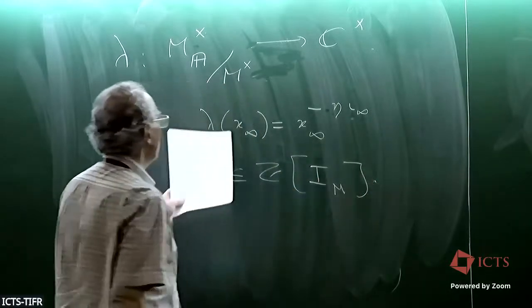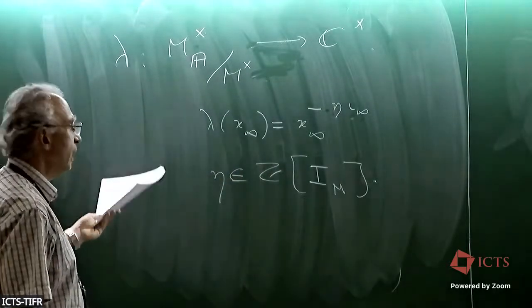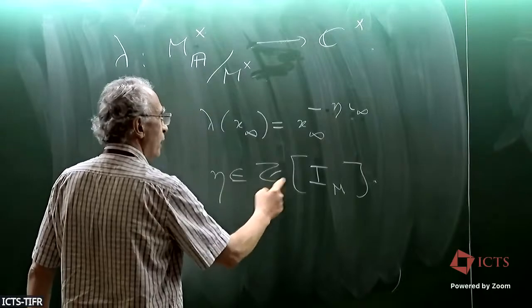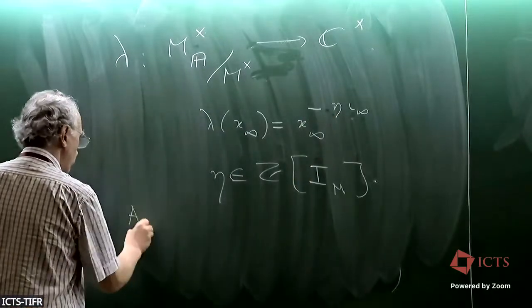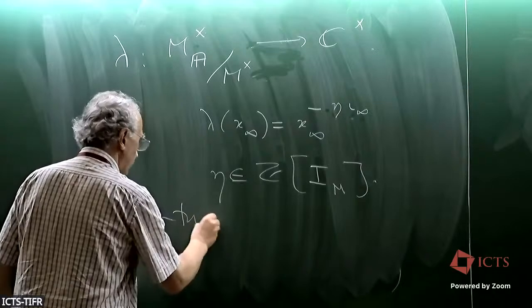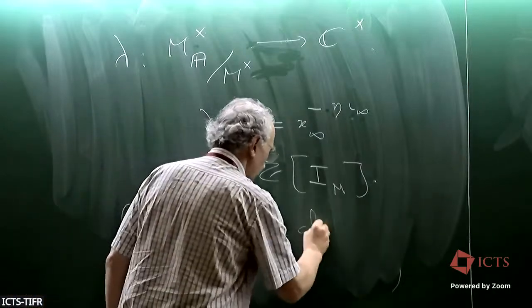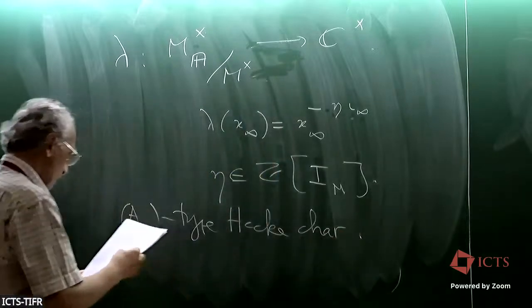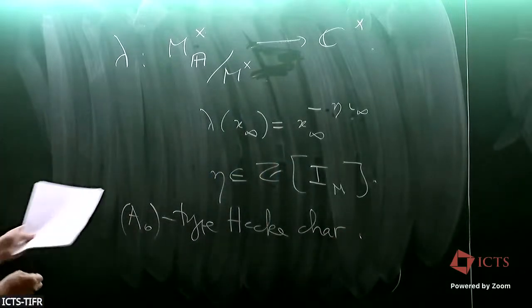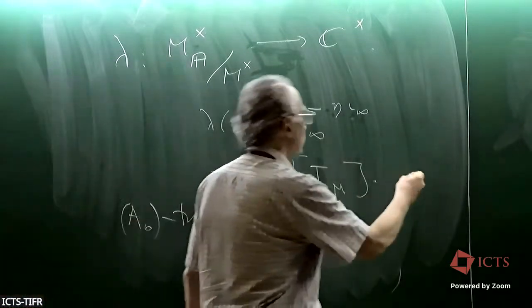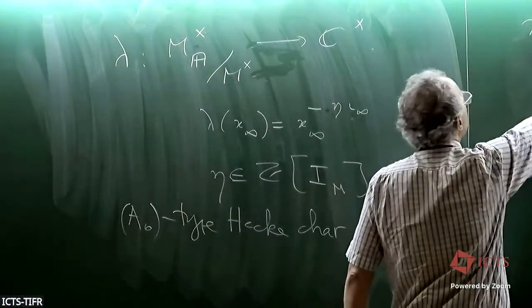So that's the notion of an A0 type Hecke character. To have an infinity type of this form is an A0 type Hecke character. So consider such a character. For some simple reasons, eta has a specific form.